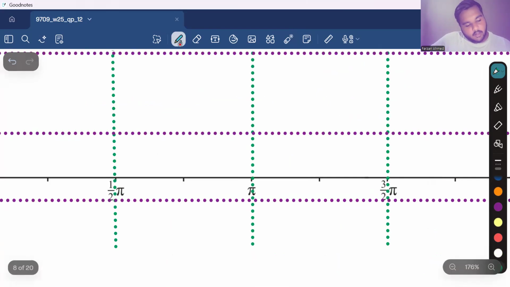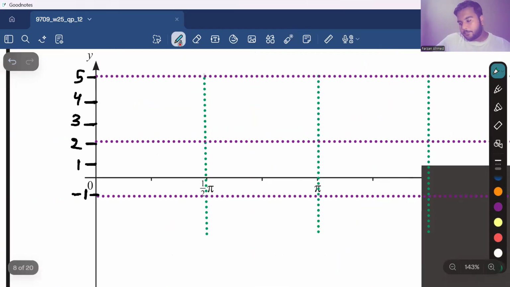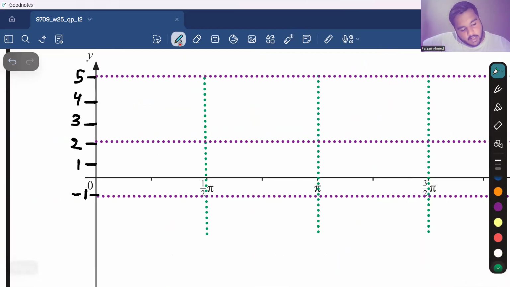We will start in this. In a sine graph, we start from c. Now it will be easy for you to check. This is c plus a and this is c minus a.